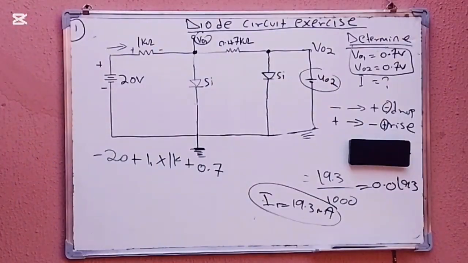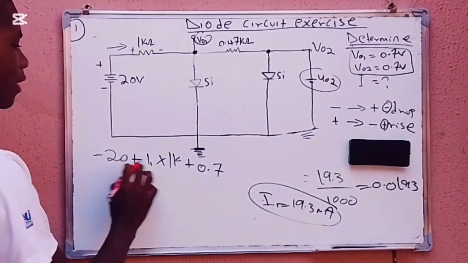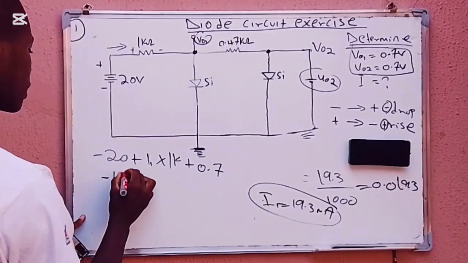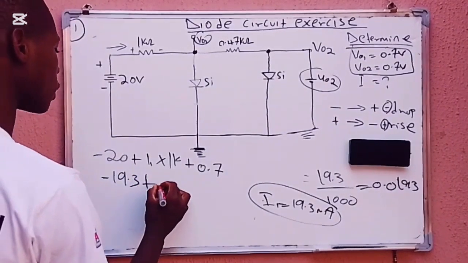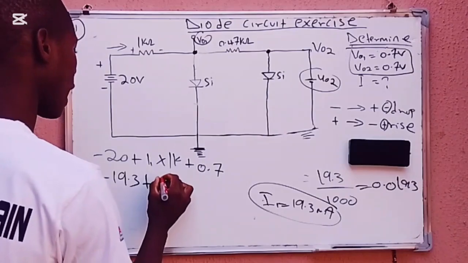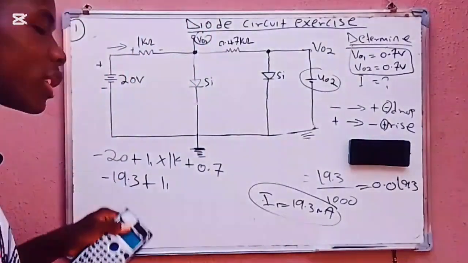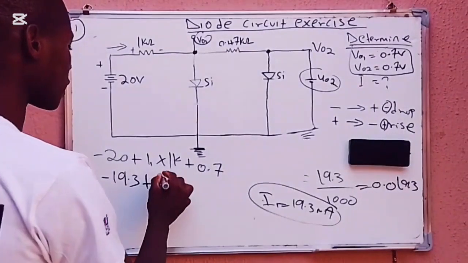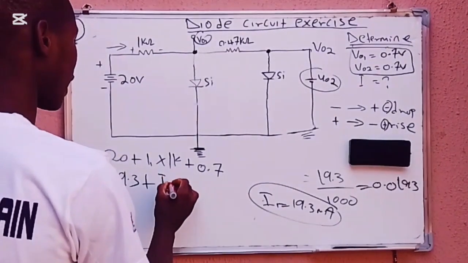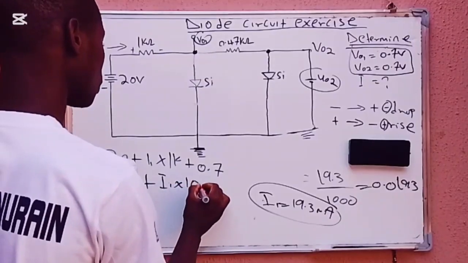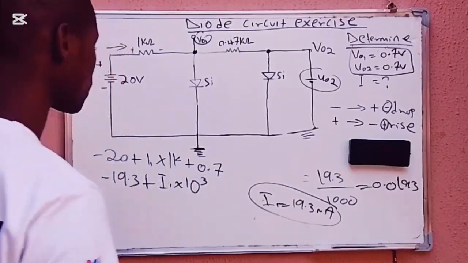The next thing I have to do is say minus this plus this: minus 19.3 plus 1 I. 1 multiplied by I is the same thing as I, but with kilo ohm. So I will say I multiplied by 10 raised to the power of 3.